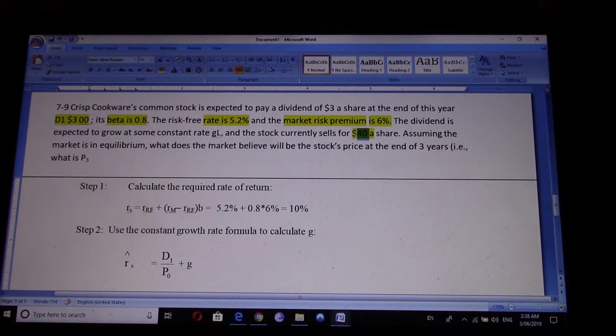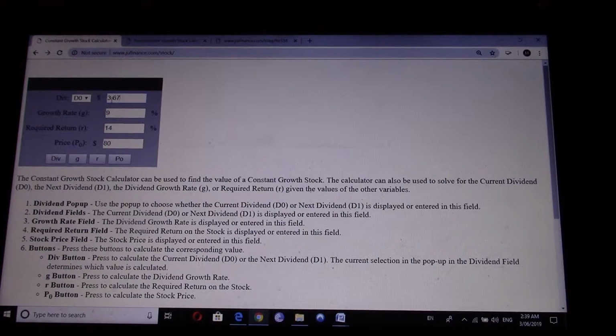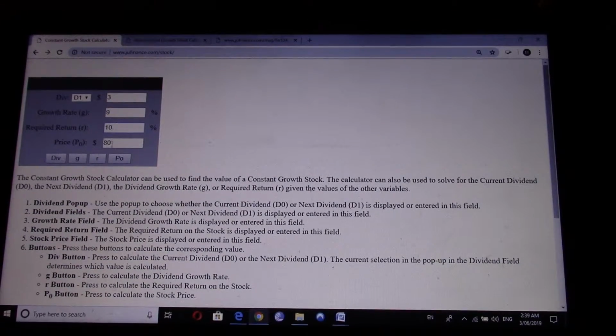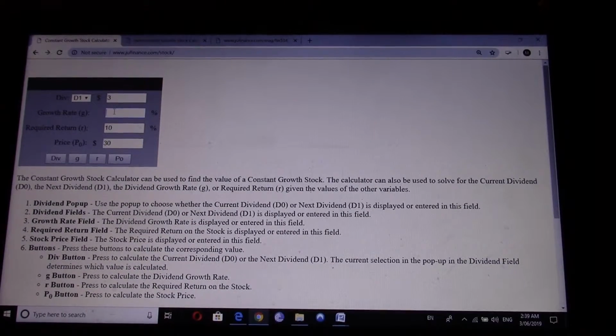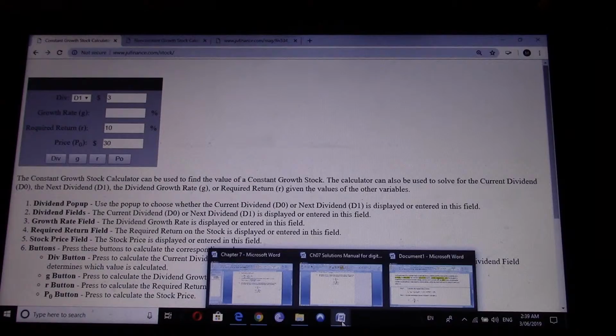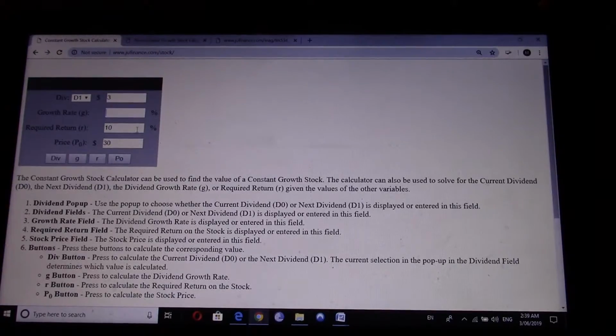So it's $40 and 10%, D1 is 3. Stock price is 40.